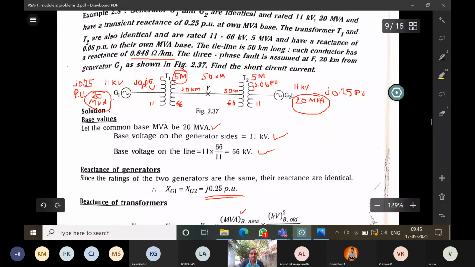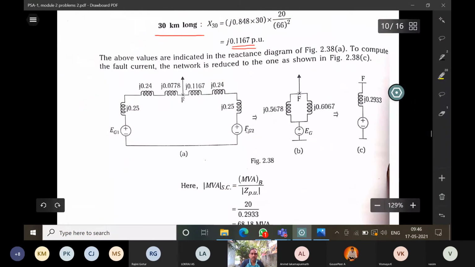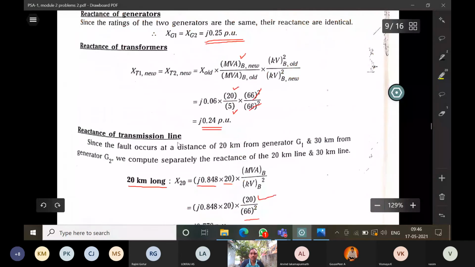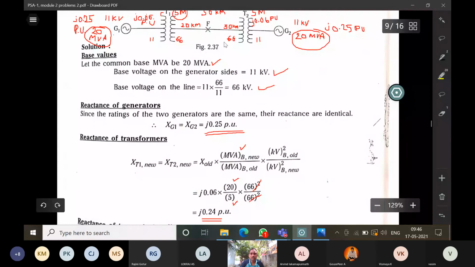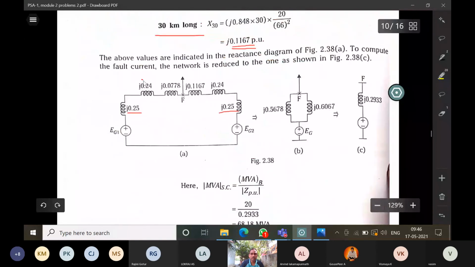For generator 1 and generator 2, it is 0.25 per unit each. For both transformers, the new reactance value is 0.24 each.